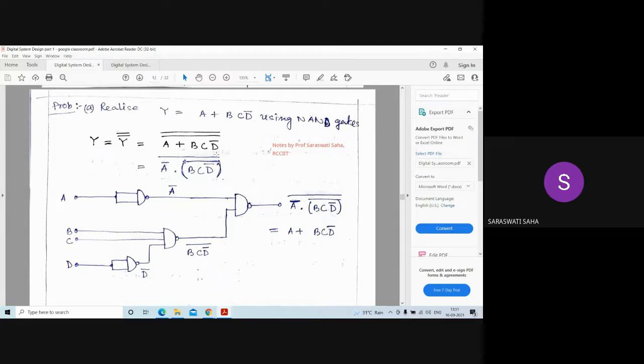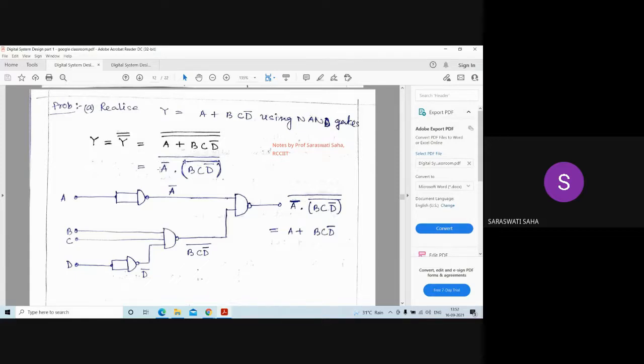Then what will be the output? See, these are in NAND form, right? This term A bar and B C D bar, and the complement of this whole term. These two terms are in NAND form. So now you can implement it using NAND gates. How?